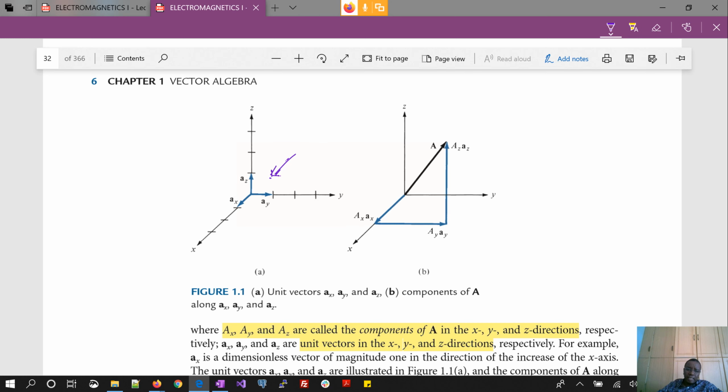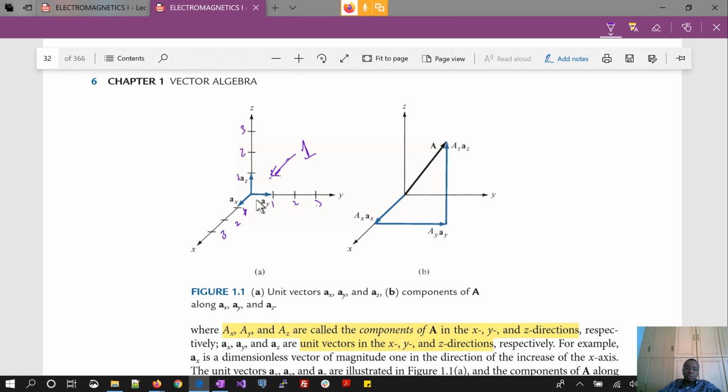So you can see that each of these unit vectors has a magnitude of 1. If you were to say this is 1, 2, 3, and in the z direction, it is 1, 2, 3.